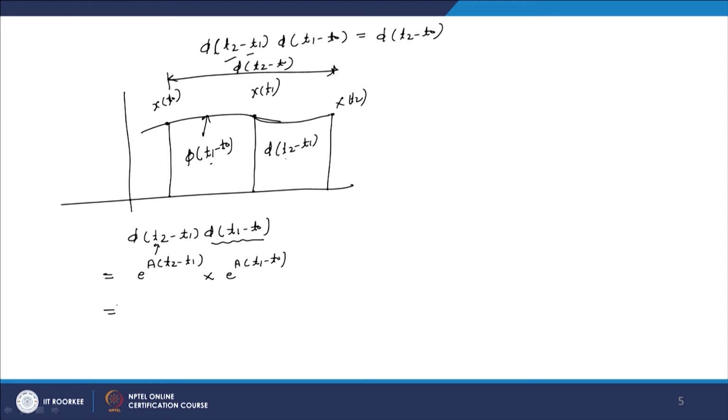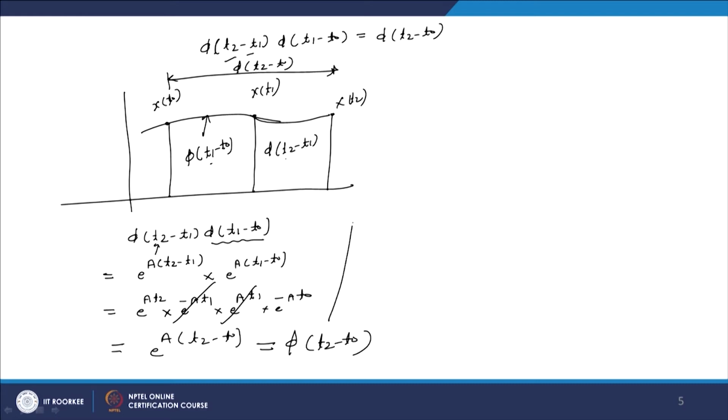Now we solve this one. We can write it as e raised to a t2 times e raised to minus a t1, multiplied by e raised to a t1 times e raised to minus a t0. Now you see here e raised to minus a t1 and a t1 will be cancelled. So what we get is e raised to a times t2 minus t0, and that is nothing but phi of t2 minus t0. Now we have proved this part.